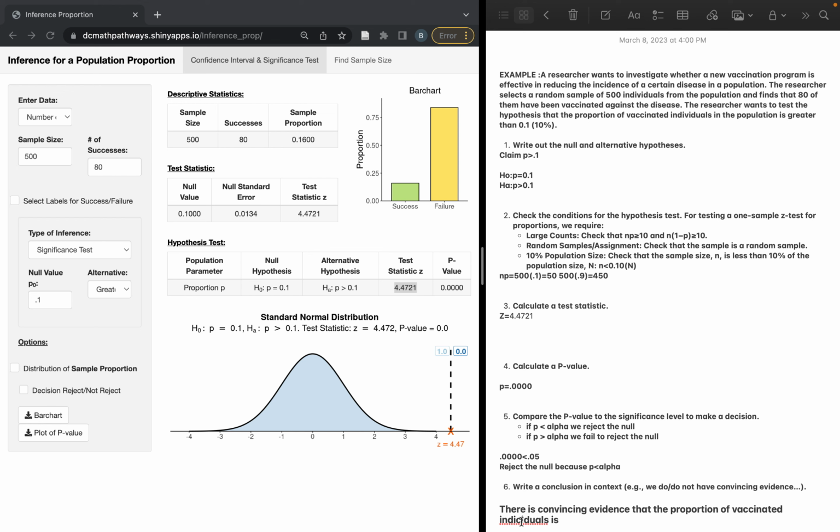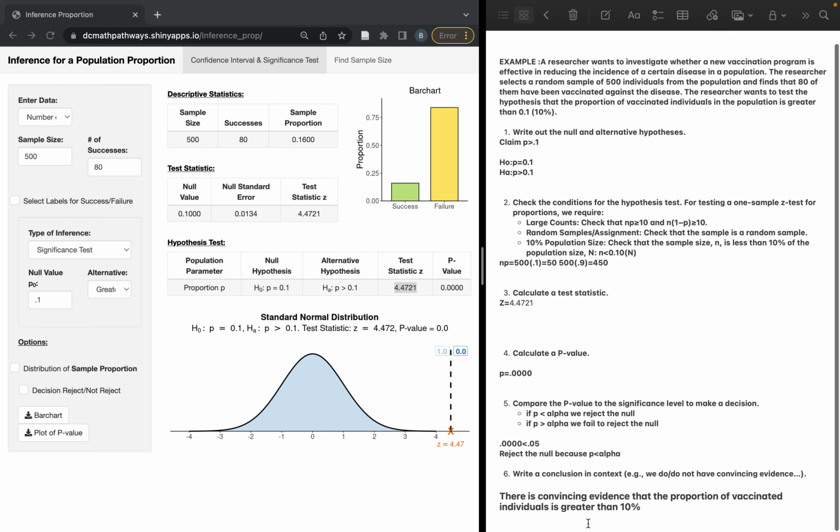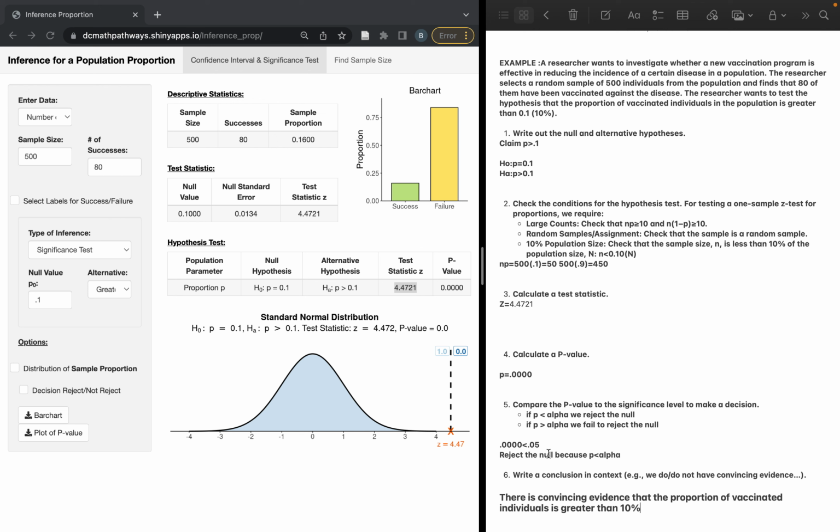is greater than 10% or 0.1. So in this case, we rejected the null, which means we have evidence for the alternative. You can see the alternative that the proportion is greater than 0.1.